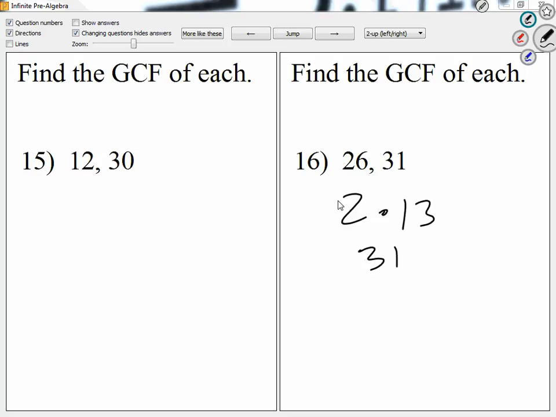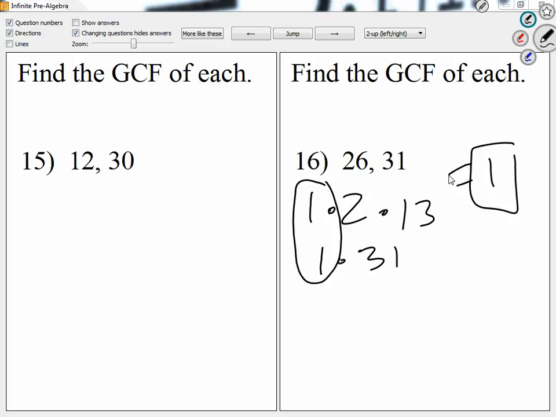If I look on the top, 2 times 13, I can multiply that by 1. And when you multiply by 1, you don't change it, right? Look at 31, I can also multiply that by 1. So now that I notice, they do share a 1. And guess what I'm trying to say on this one? If initially they don't share anything, 1 is always a factor. If they don't share anything, choose 1.